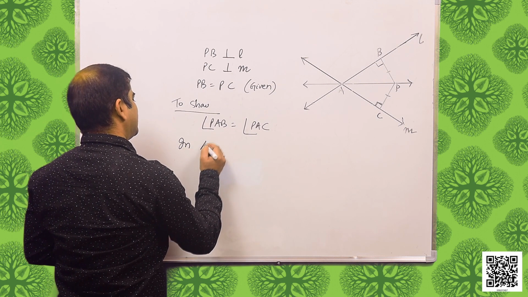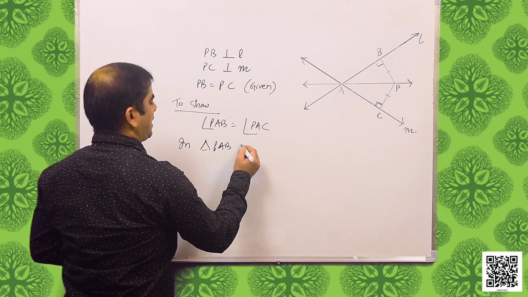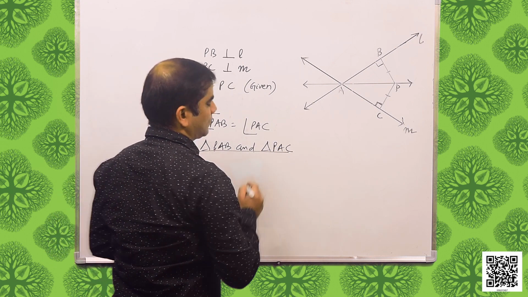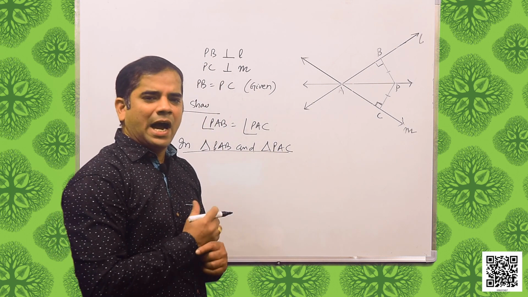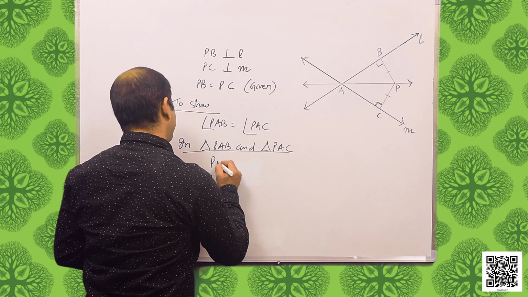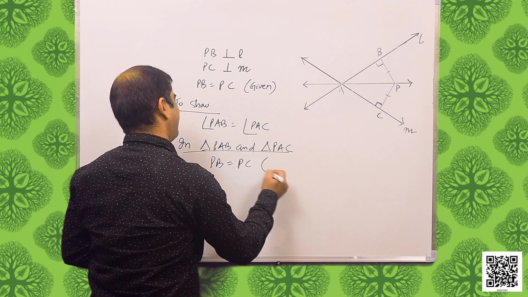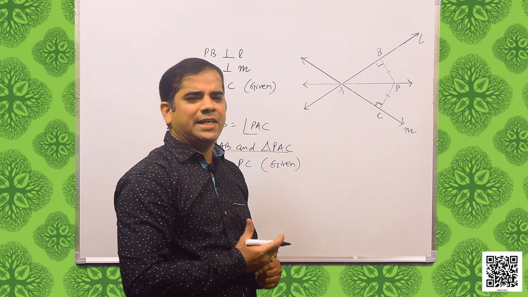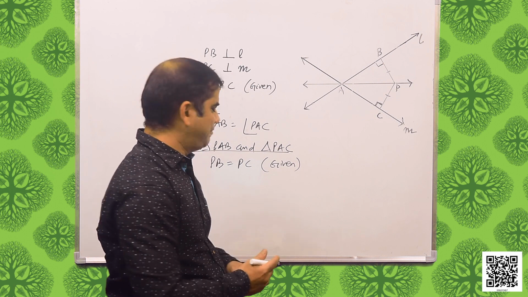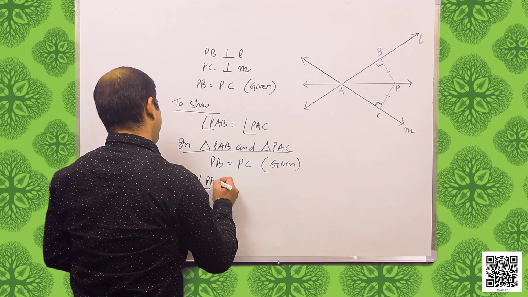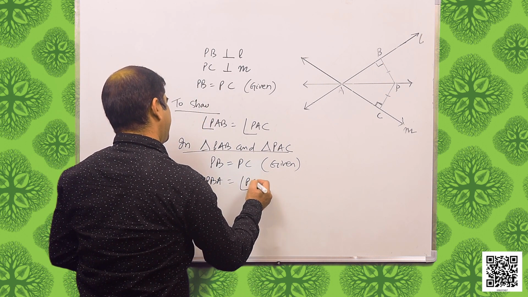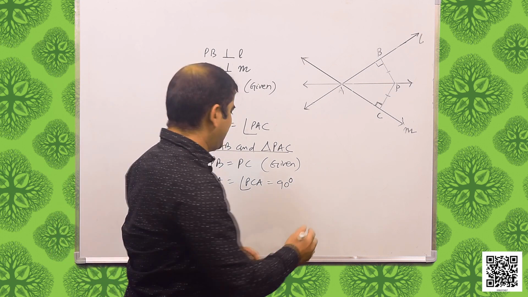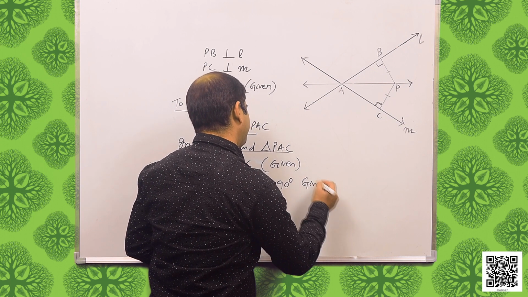In triangle PAB and triangle PAC, what we have got? PB is equal to PC, it is given. Angle PBA is equal to angle PCA. Why? That is 90 degrees, it is also given.